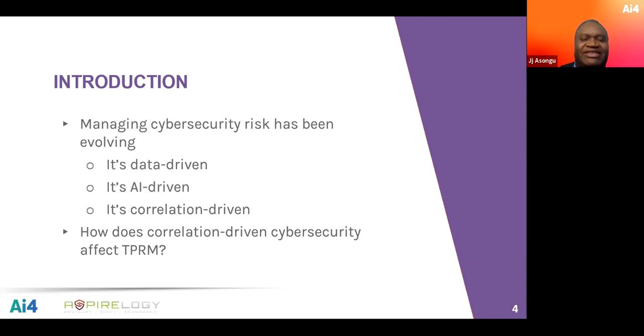However, the trend is that it is moving to AI-driven, and hopefully, what we want to get at is a level where there will be a correlation. And what do we mean by that? We are going to find out how both data and AI can really help us to do third-party risk management in a much more effective manner.